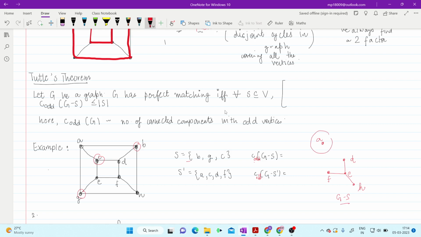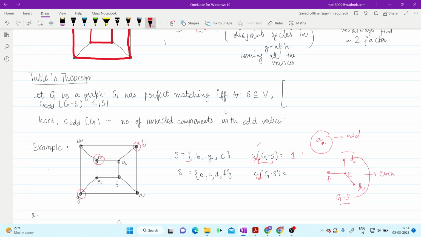This is one connected component and this is one connected component. Since this component has just one vertex, it is an odd component. But this component has an even number of vertices, so it is an even component. So for this S, o(G minus S) is just 1, and this is less than or equal to 3. So Tutte's condition is satisfied.